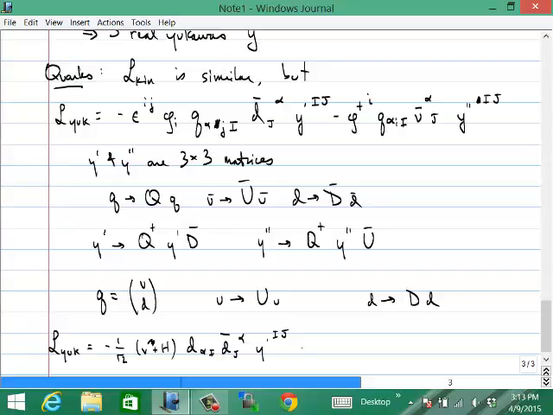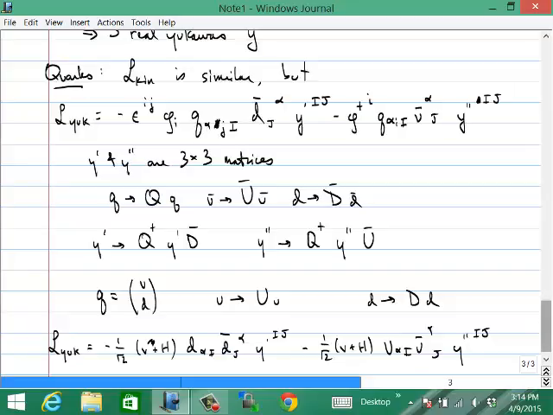And the second term, writing this out explicitly in this SU2 basis, we get 1 over root 2 v plus h times u alpha I, u bar alpha j, times y double prime ij.